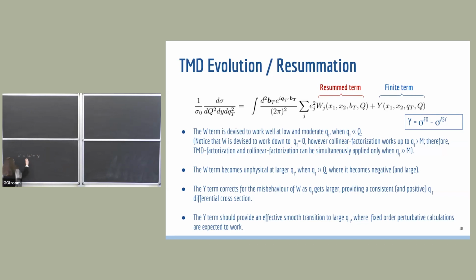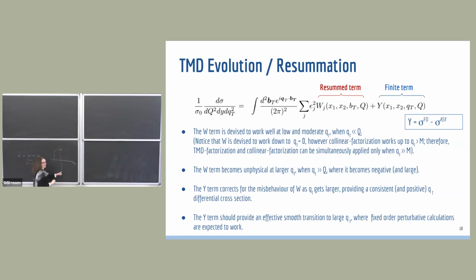Okay, and W is devised to work when Qt is very small, but it fails when Qt becomes large. So it does this, right? This is Qt. So this is W, okay?